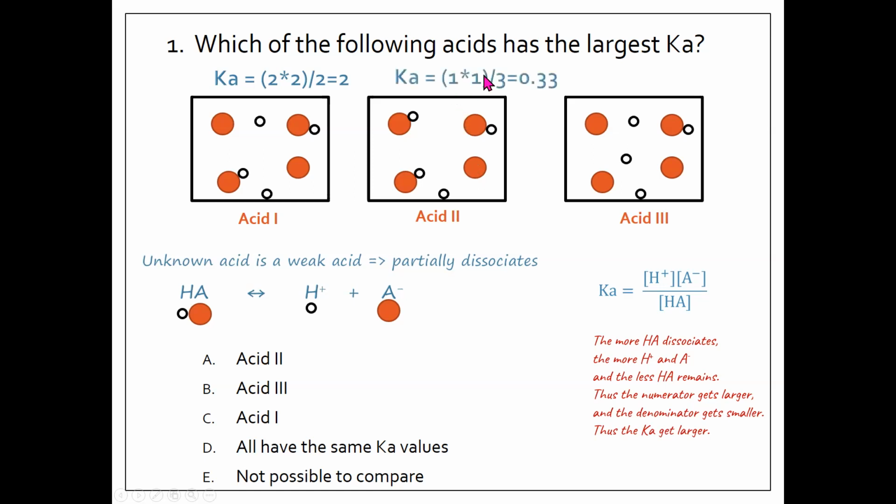So if we were to calculate that Ka, 1 times 1 divided by 3, so 0.33. And in the third one, we only have one of the weak acids together, and 3 of them have dissociated. So 3 times 3 divided by 1 equals 9. So this would give us the largest Ka value.